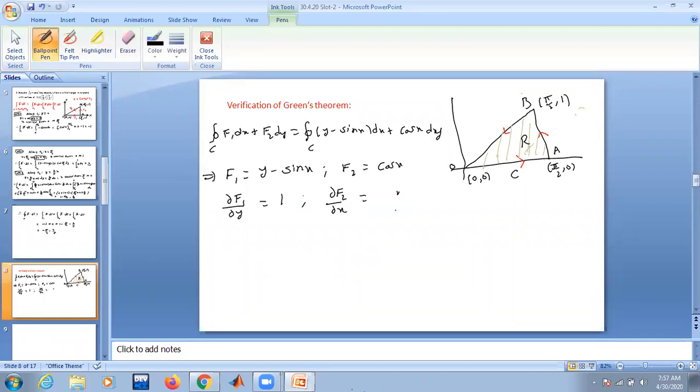Now compute the double integral over R of dou f2 by dou x minus dou f1 by dou y dA. Dou f2 by dou x is minus sin x, minus dou f1 by dou y is minus 1.